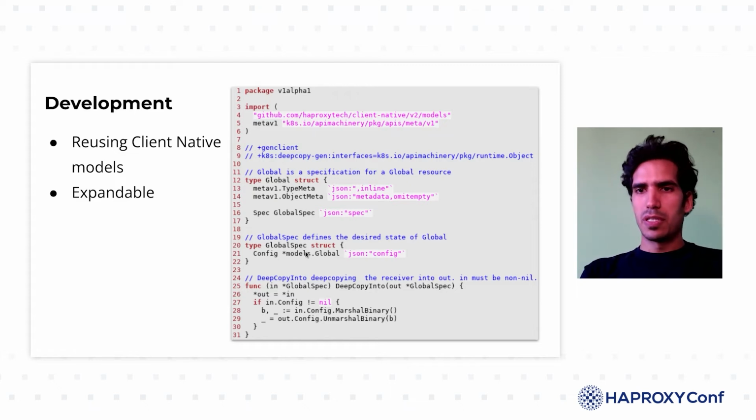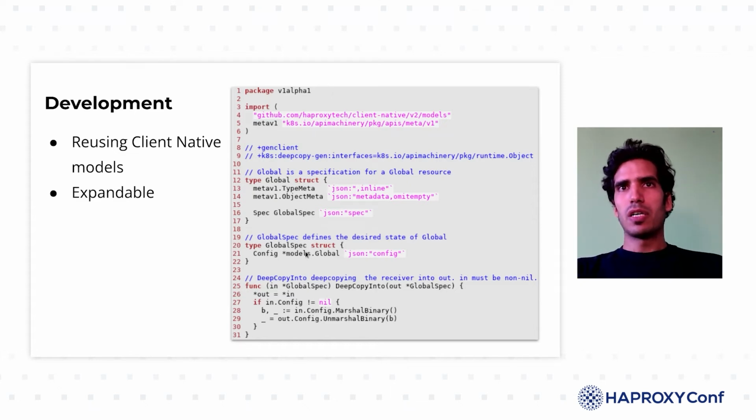As we have already talked about annotations, the problem was that we don't want to have to develop every new annotation for every HAProxy configuration or every HAProxy directive. And with custom resources, it's much simpler because we can reuse models already available to be able to push HAProxy configurations.